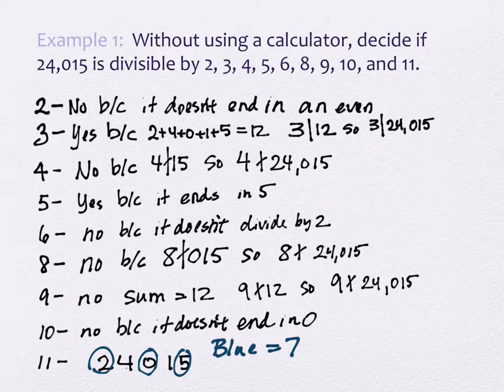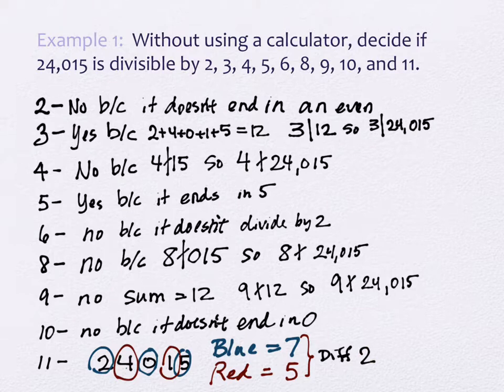Okay, and then I'll do red. 4 and 1 are 5. And what's the difference here? The difference is 2. 11 does not divide 2. So 11 does not divide 24,015.